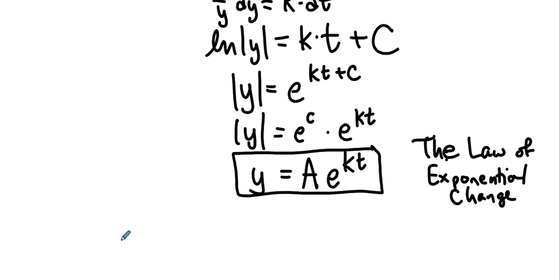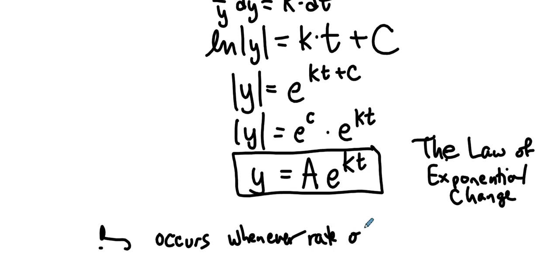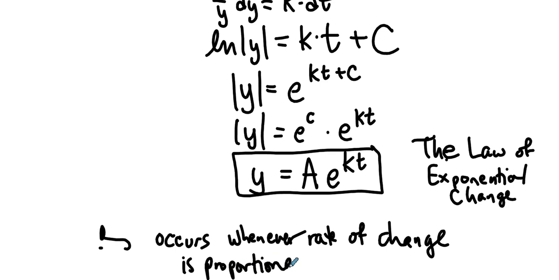Let's do a quick side note here. This occurs whenever the rate of change is proportional to the amount present. Anytime you see language about the rate of change being proportional to the amount present, you are dealing with exponential change.